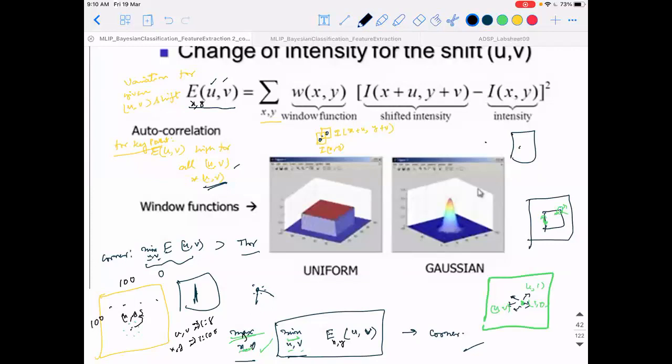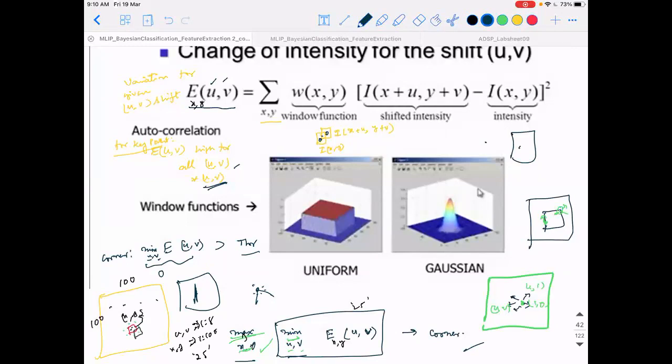If I take a neighborhood in x, y consisting of 5 cross 5 pixels, 25 pixels I have to take. At each neighborhood, I have to do 25 computations, because I take a patch here, I take a shifted patch and then try to find the difference. This is the original patch, and this may be a shifted patch.